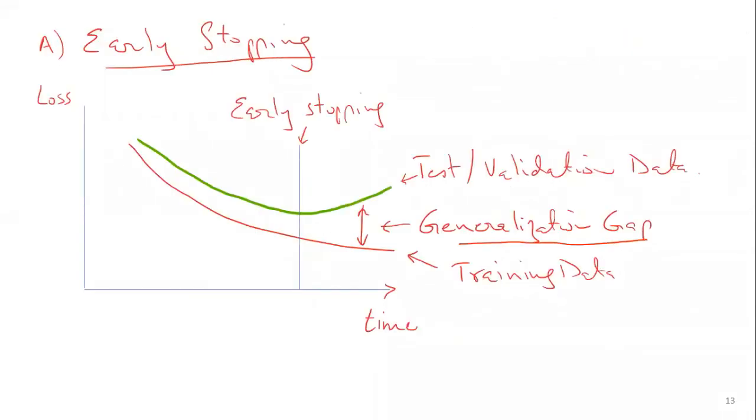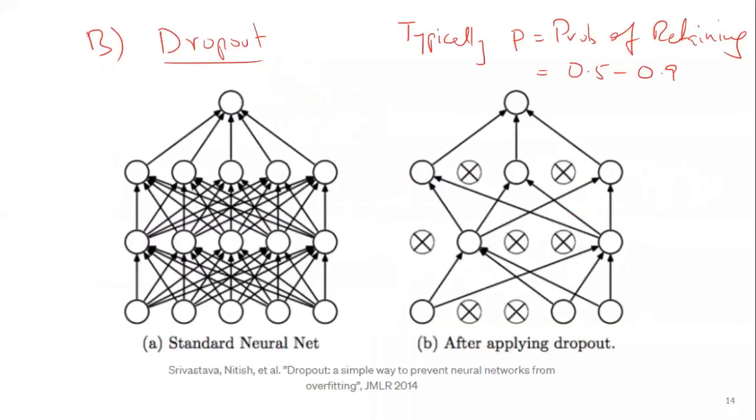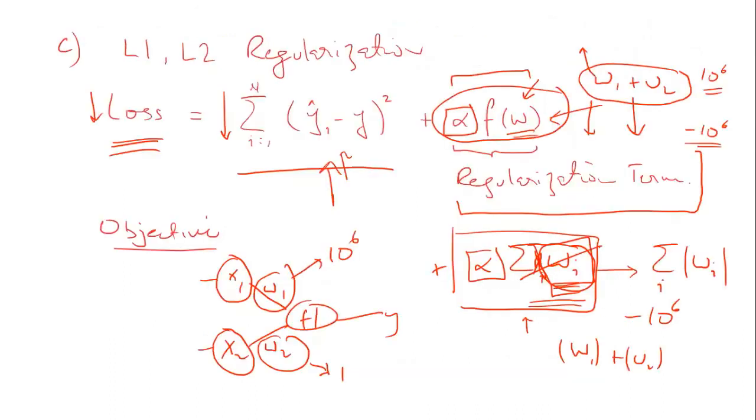Is either one of these, early stopping or dropout, addressing the issue of sparsity? In other words, is it trying to enforce that some of these weights are going to become zero? That's not happening at all, okay? So this is a unique aspect of L1 regularization, not L2, but L1, that it's ensuring sparsity as well, that some of the weights are going to become zero. Okay.